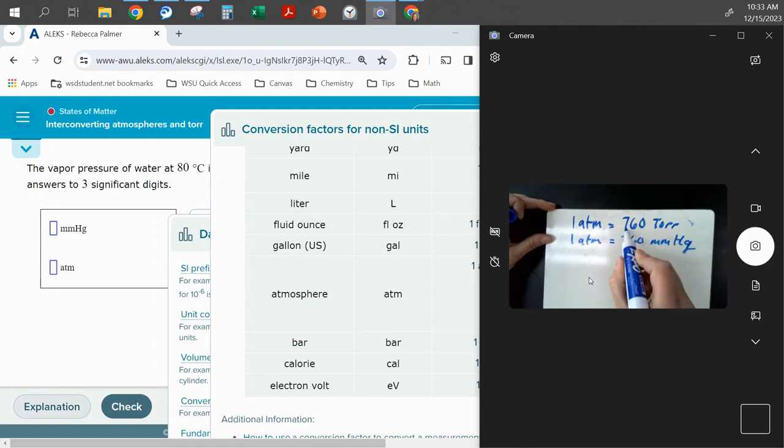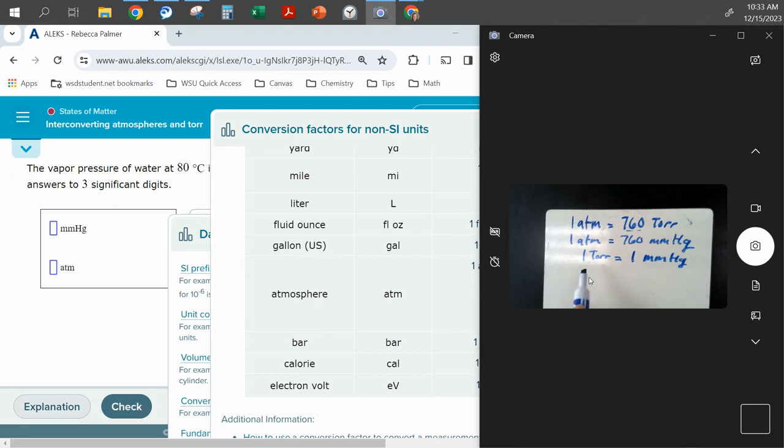So what do we notice about these two? Hopefully you're noticing that's the same number, right? So that tells me that 1 torr is the same as 1 millimeter of mercury. So when I do this problem and I need something in torr and I have it in millimeters of mercury, they're going to be the same.